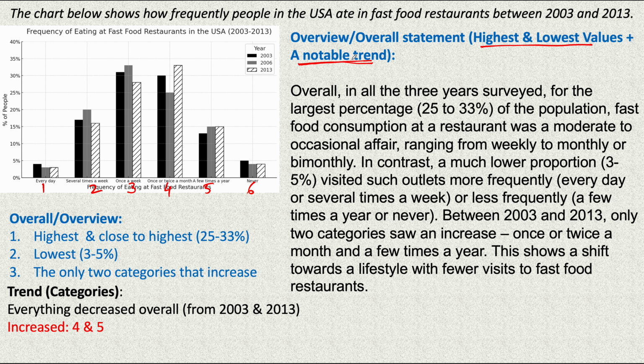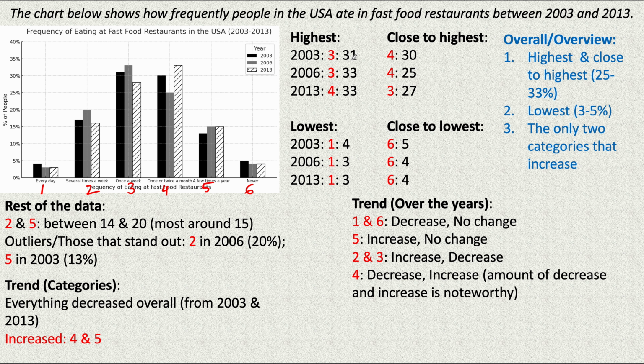Now we start with the body paragraphs. So we refer back to our planning. We have already written about the two highest and the two lowest categories. So now we start with the two remaining categories, the mid-range categories.